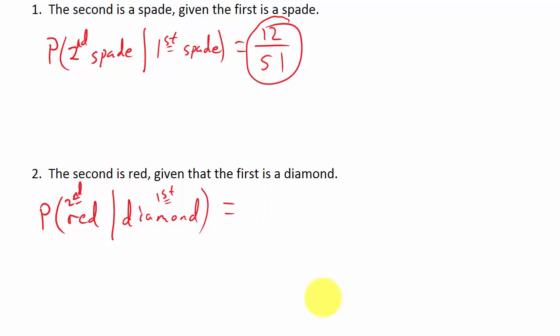So that means there's how many red cards left? Well, there's 26 red cards in a deck. So if the first one was a diamond, which is red, then there's only 25 red cards left. And that's over, and then since that diamond's out, instead of 52 cards left in the deck, there's only 51 left. And so this would be our probability.